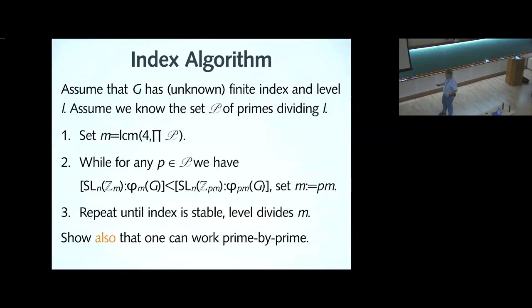Let's look at whether for any prime p the index increases when I increase the modulus by this factor p, then the modulus gets larger, and I iterate this until the index becomes stable for all the primes, then the level must be a proper divisor of the m I have here. Why divisor? Because I forced the 4 here, it could really just be 2.